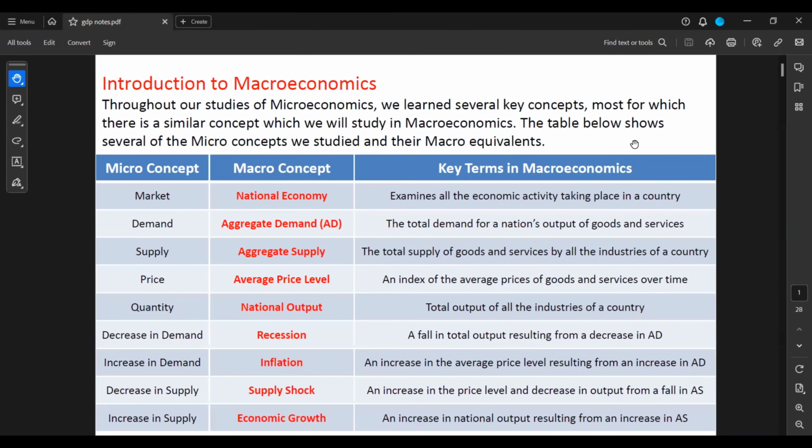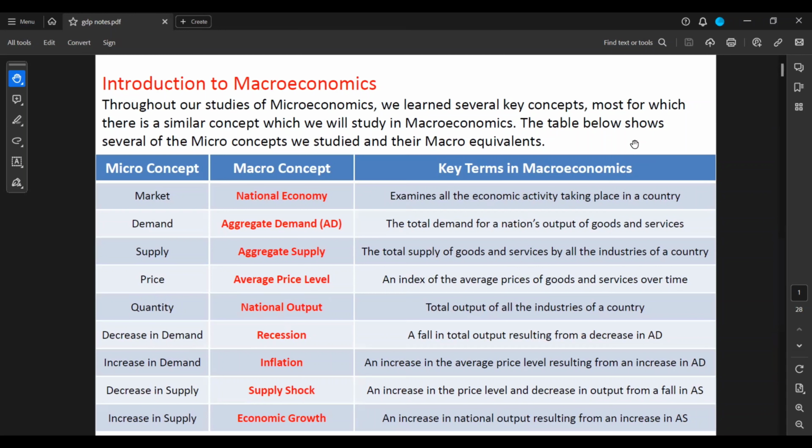Micro concepts are market, demand, supply, price, quantity, decrease in demand, increase in demand, decrease in supply, and increase in supply. The macro concept equivalents are national economy, aggregate demand (AD), aggregate supply (AS), average price level, national output or income, recession, inflation, supply shock, and economic growth.